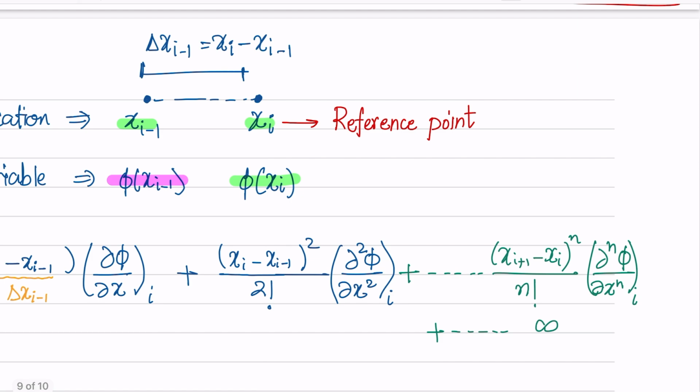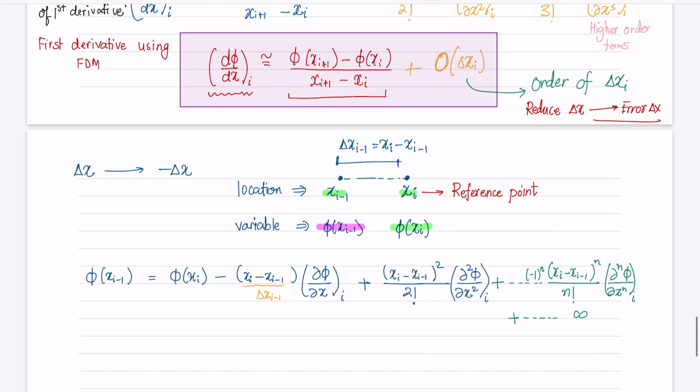And the general term that we have, which is, I think, the most important part for you to understand what is going on: the general term over here would be xi minus 1 raised to power n divided by n factorial, but there would be another term over here which is simply minus 1 raised to the power n, and this is because we are moving in the negative direction. I hope that this is clear.